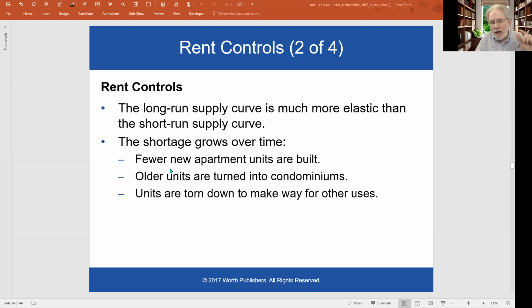To understand the effect of price controls, you have to learn to think from the perspective of the consumer, which isn't hard for most of us, but also from the perspective of the producer. When the producer, in this case the owner of the apartment unit, is told we're going to make you charge less, think about how the producer responds.